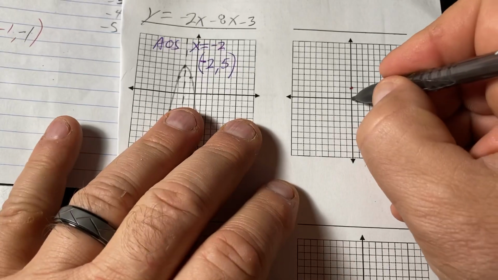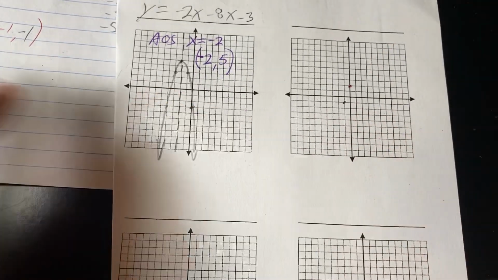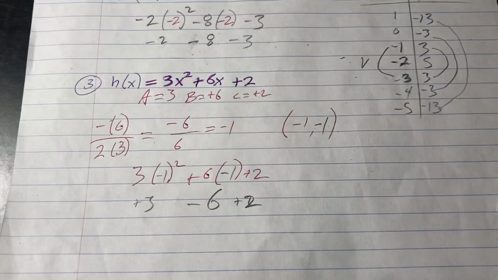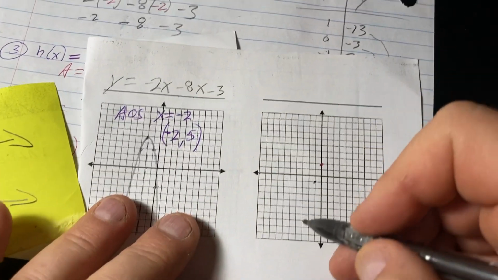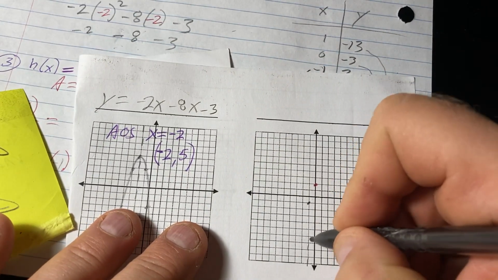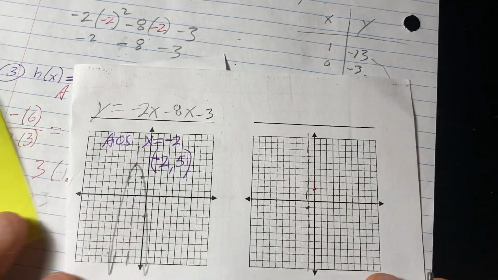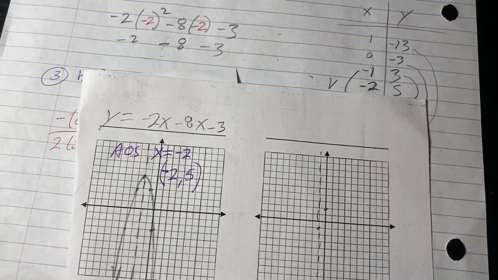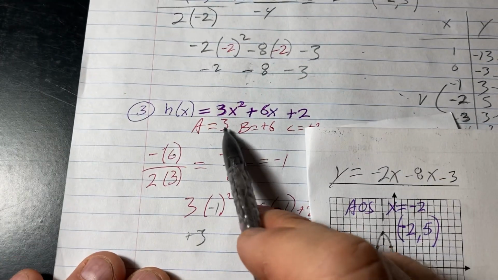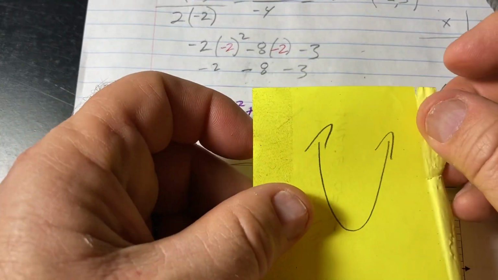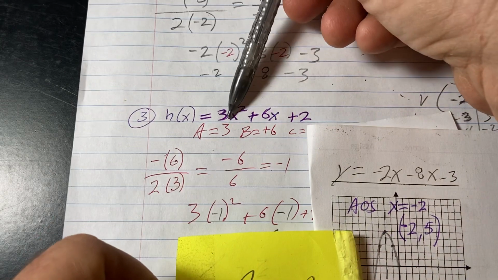There's my vertex. Vertex is negative 1, negative 1. And then my axis of symmetry. I know because A is positive, this graph is opening upwards.